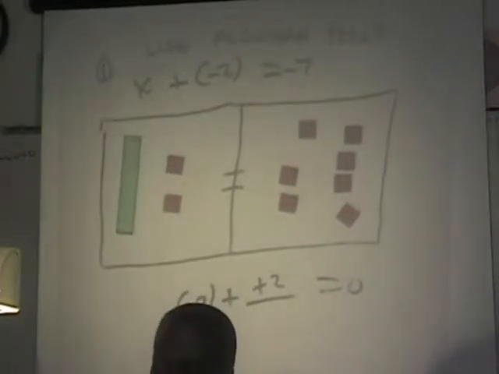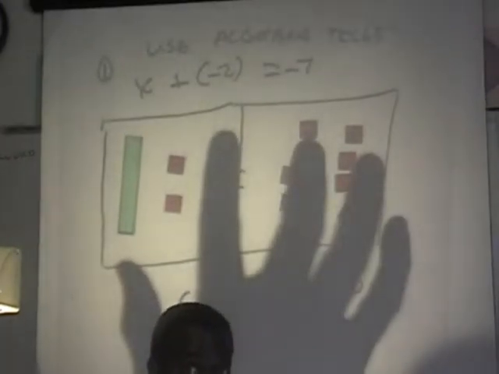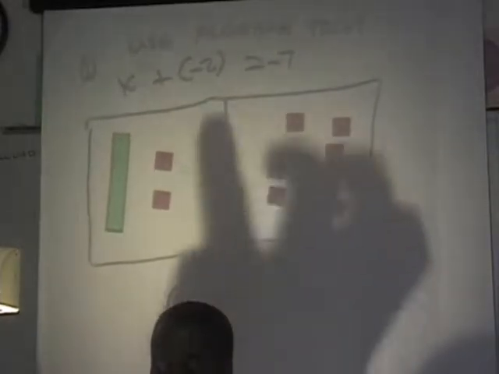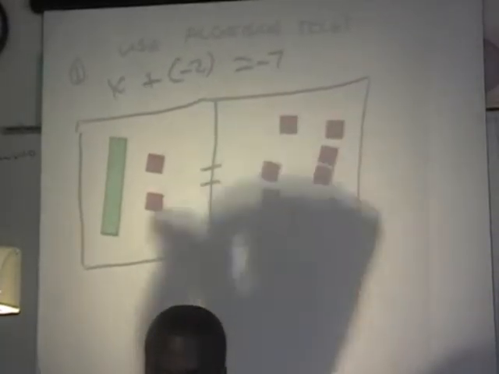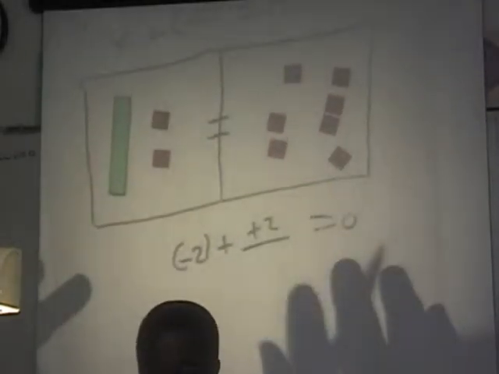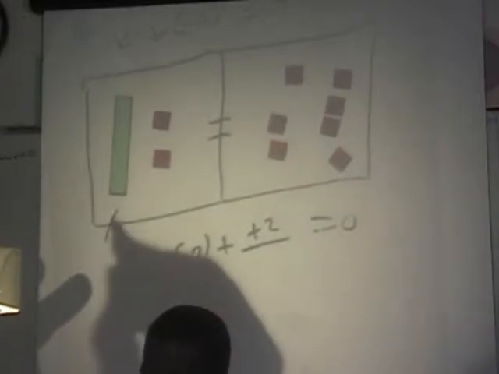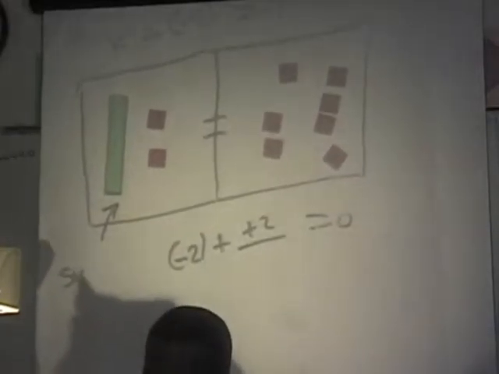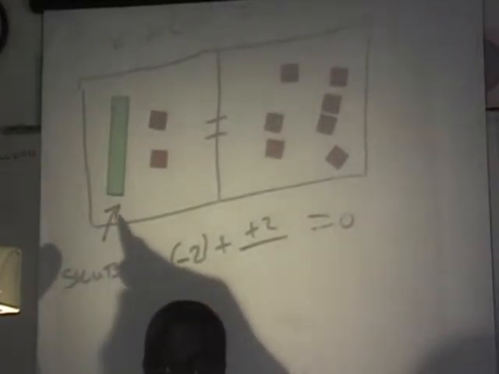This is what we call a one-step subtraction equation. Why? Because we must get rid of this negative 2 here. So let's write this down. Every time you solve an algebraic equation, the solution is whatever we find x to be.